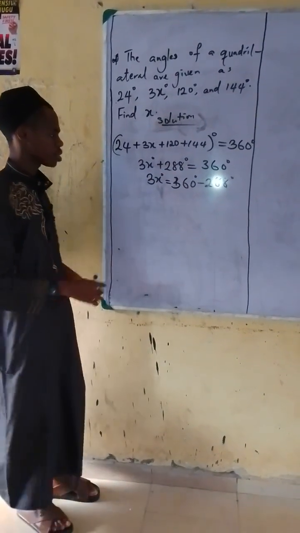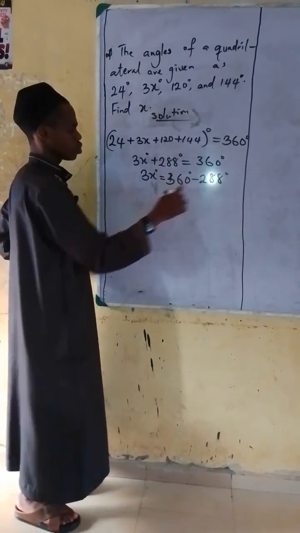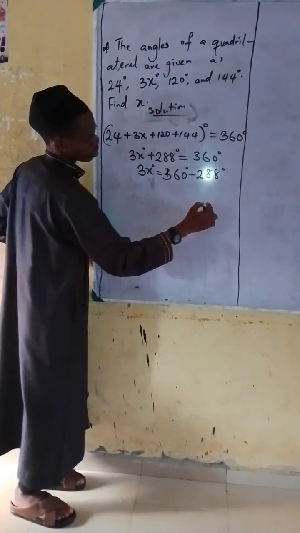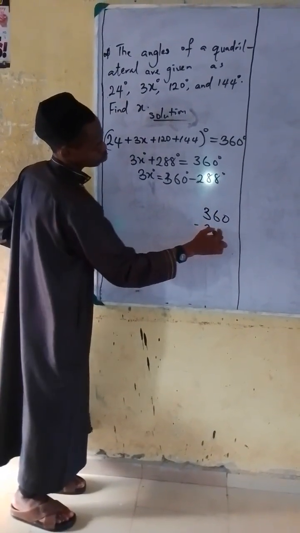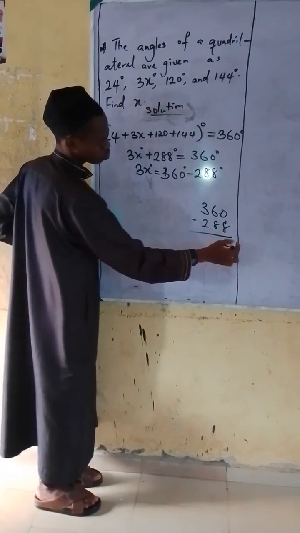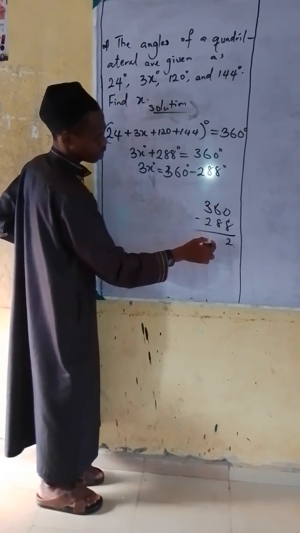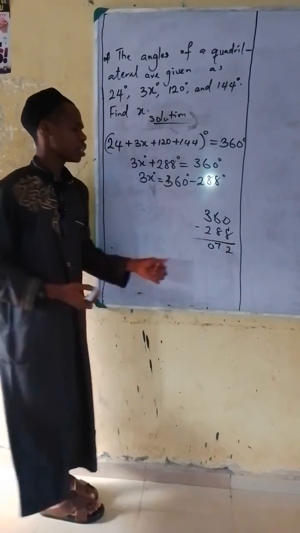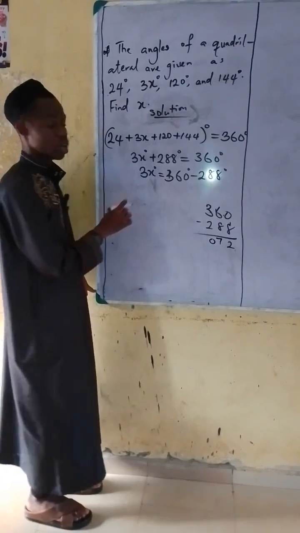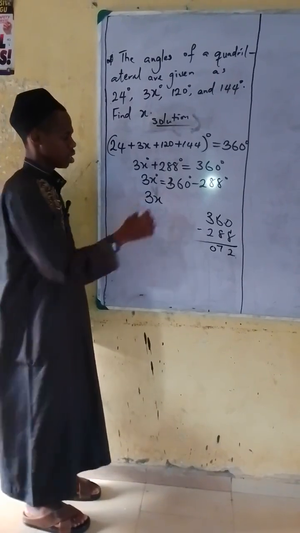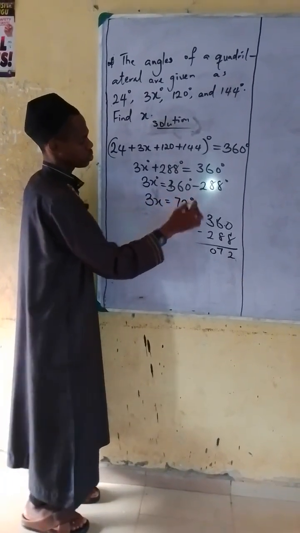Now let us subtract. 360 minus 288: 10 minus 8 will give us 2, then 15 minus 8 will give us 7, and this should be 0. That means we have 72, and in that case 3x equals 72 degrees.